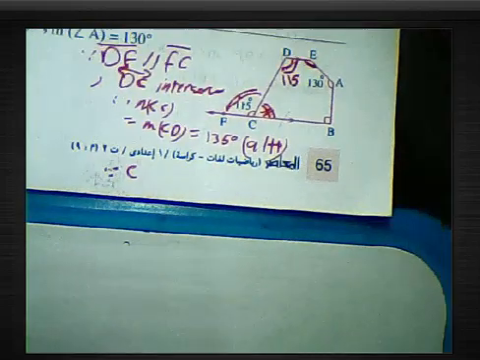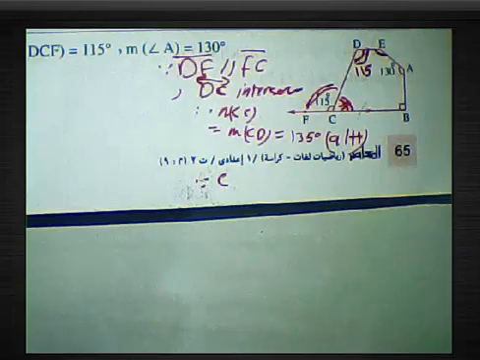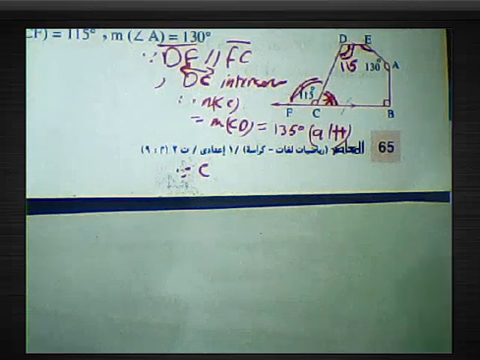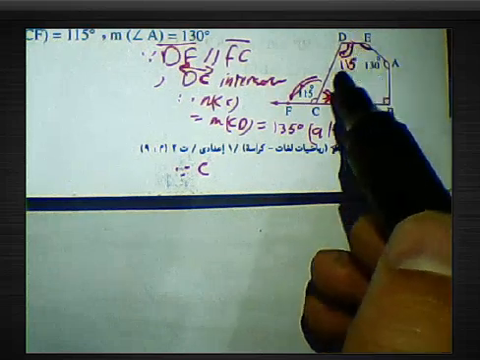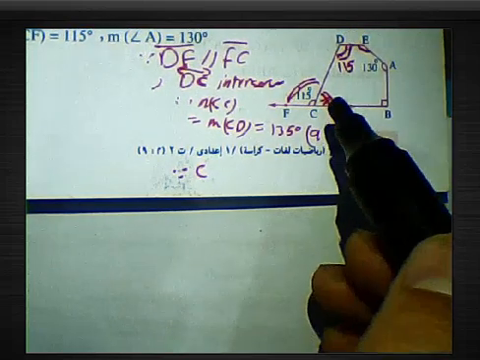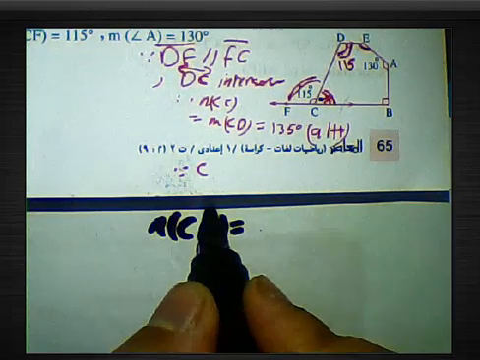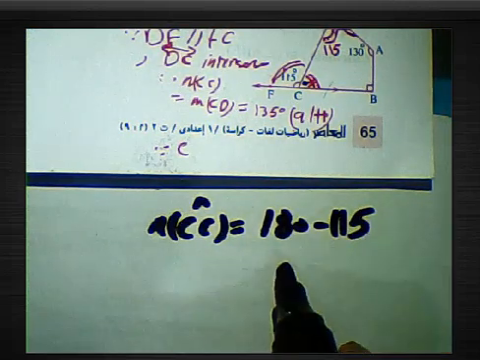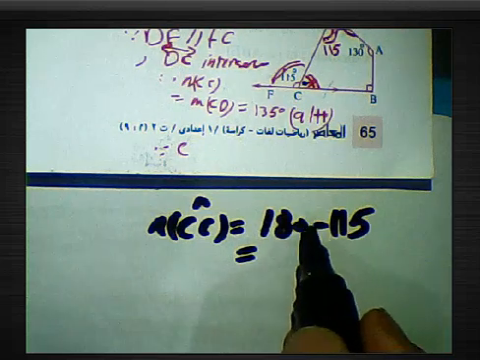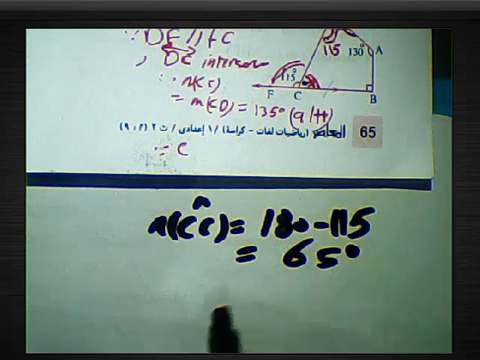Look with me at the steps. We know again the measure of angle D equals 115, alternate angle, and you can find the measure of angle C here. The measure of angle C equals 180 minus 115. We can find the result: 10 minus 5 equals 5, 7 minus 1 equals 6, so this angle will be 65.